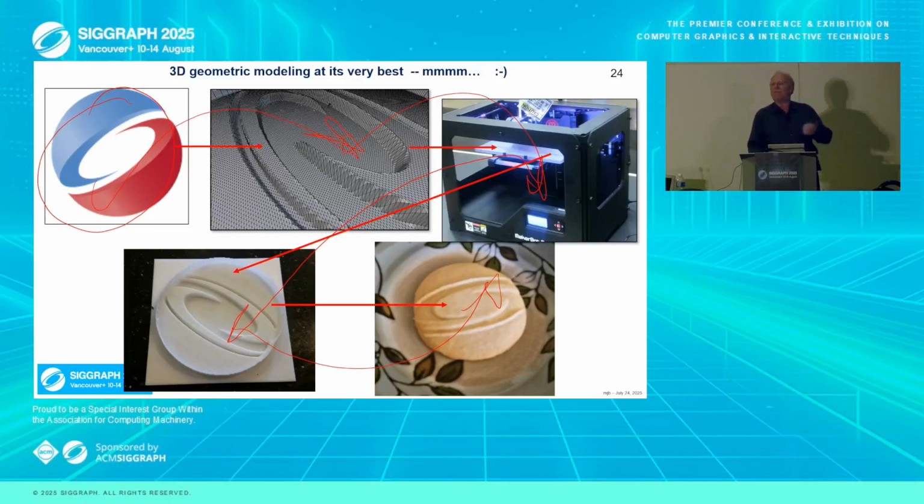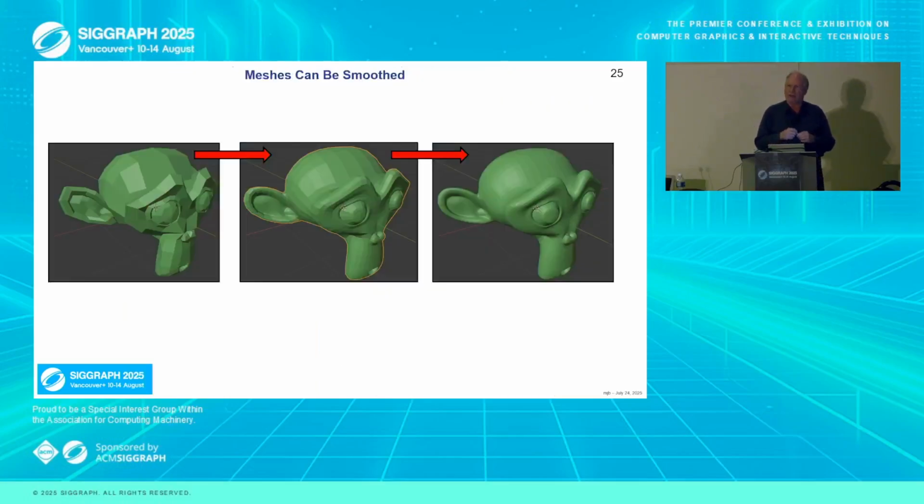But meshes have a lot of other things going for them. Yes, you can look at them, but the mesh geometry is mathematically able to be smoothed. And fortunately, these days, none of us have to know the math behind smoothing. We go into programs like Blender or Maya, and we say, smooth that sucker.